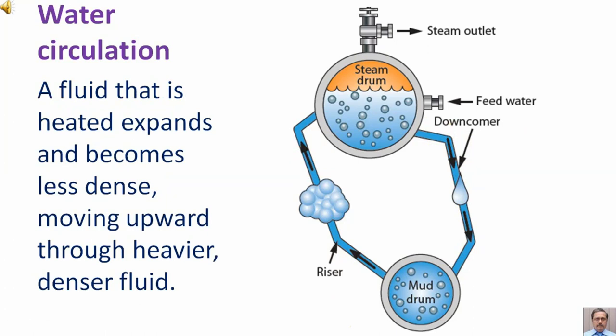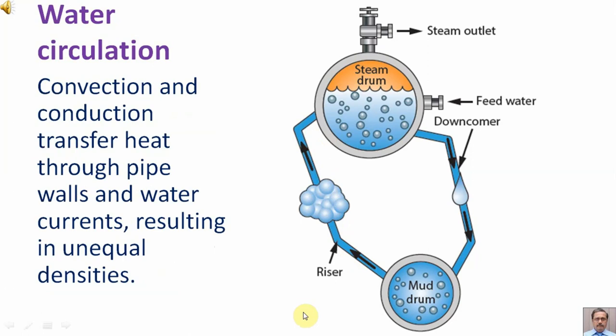A fluid that is heated expands and becomes less dense, moving upward through heavier, denser fluid. Convection and conduction transfer heat through pipe walls and water currents, resulting in unequal densities.